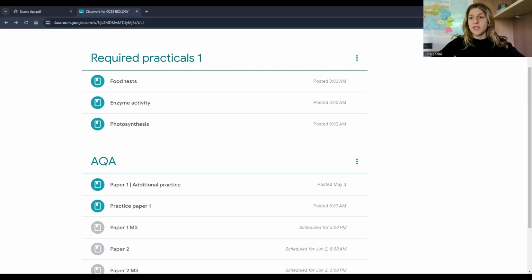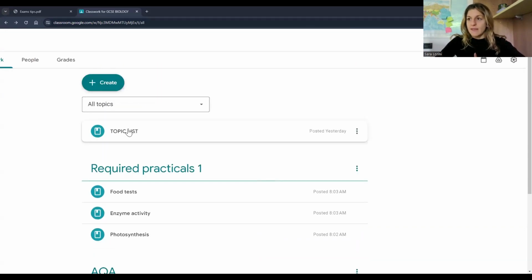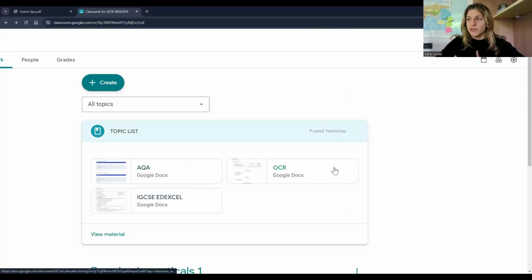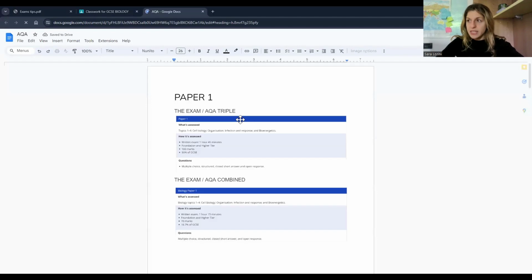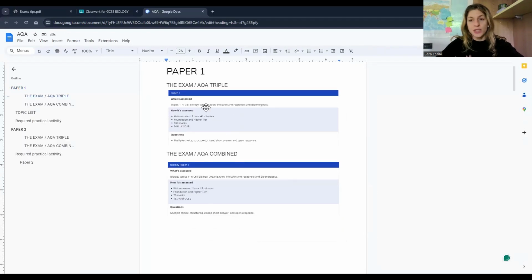And photosynthesis, because it is extremely important for the whole plant section of the specification, as well as a topic itself. Remember that you have the topic list here, so whichever your specification is, look at that, because I have organized all of the topics for you, depending on whether you're triple or combined, so that you can get a nice idea of your paper.